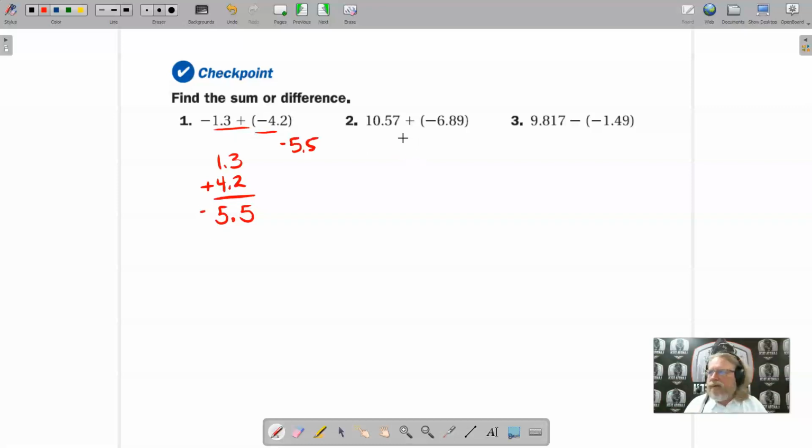On the next one, we have 10.57 plus a negative 6.89. Well, in this case, they are different signs, so we're actually going to subtract. And 10.57 has a greater absolute value than negative 6.89. So I'm going to subtract 6.89.